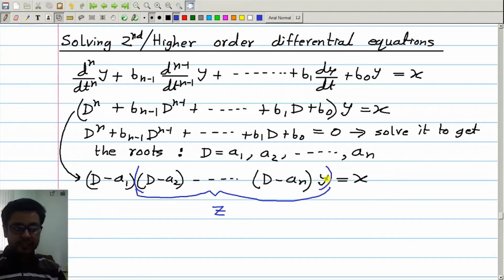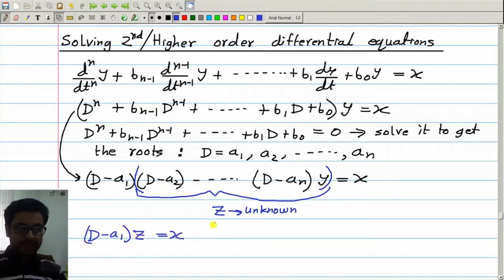Now y is unknown, so z is also unknown, but let me just give it a name z. So we can now write (D minus a1) acting on z is equal to x.